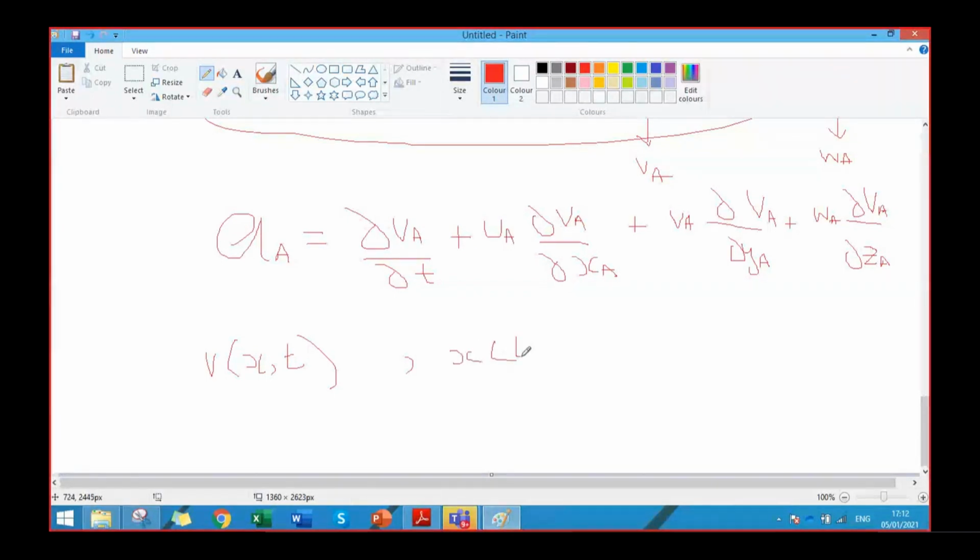If I take the derivative of velocity with respect to time, I will have to take partial V by partial t. Then I know that this velocity is a function of x, so I will have to take the derivative with respect to x, because this d is now applying on this whole function. But x is also a function of t, so this will be partial x by partial t. Clear?